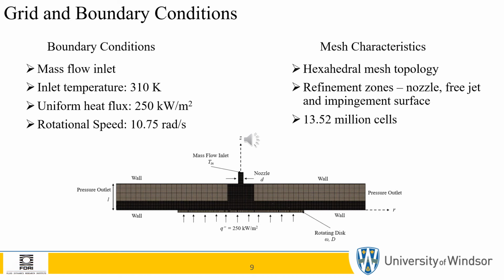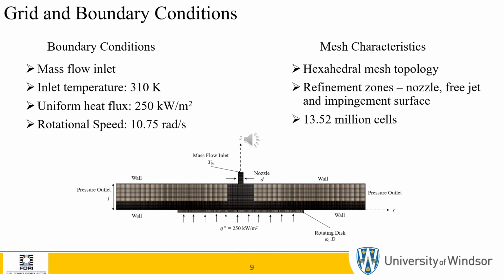This is to match some of the works of Karper et al. as well as Leiv et al. Finally, the fluid to solid interface is assigned a rotational speed of around 10.75 radians per second to achieve the desired rotational Reynolds number, and all fluid-solid interfaces have a no-slip boundary condition imposed.